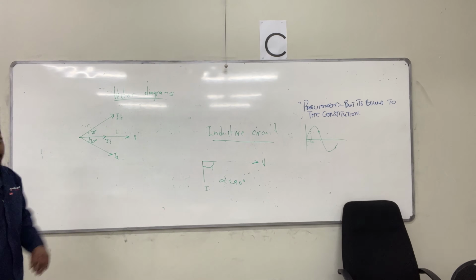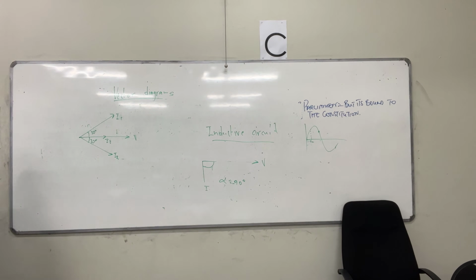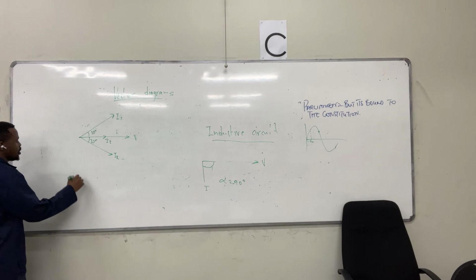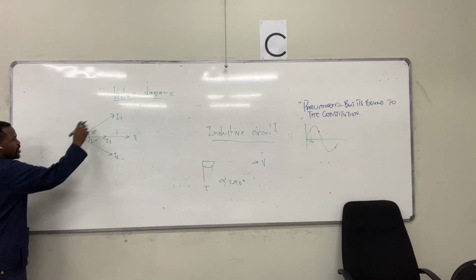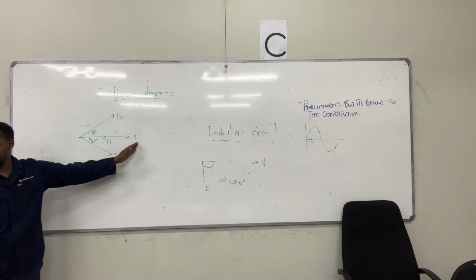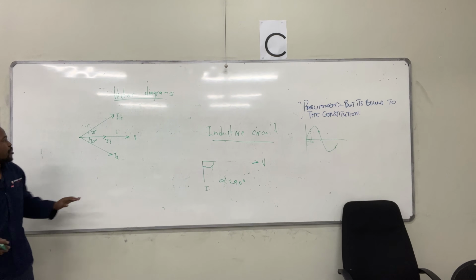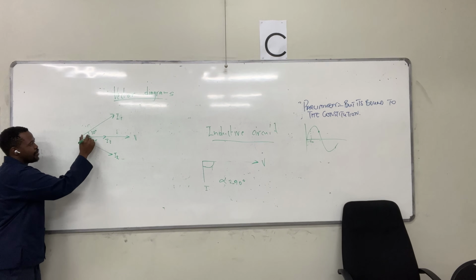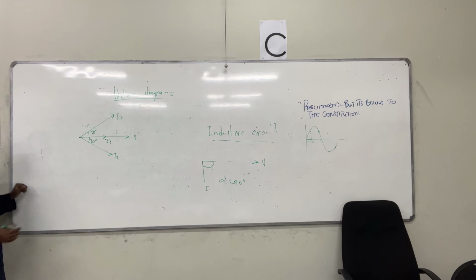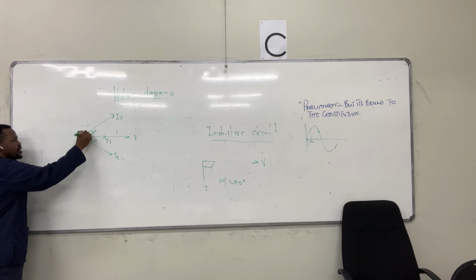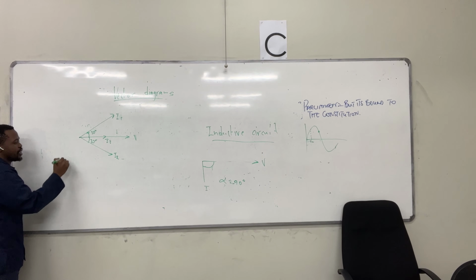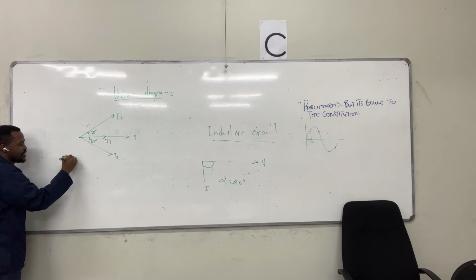Let us describe this vector diagram. Let's start with I1 versus the reference, which is the voltage. For me to get to I1, I have to rotate anticlockwise, meaning that the angle is positive 30.